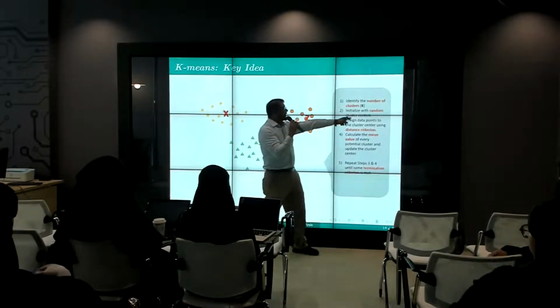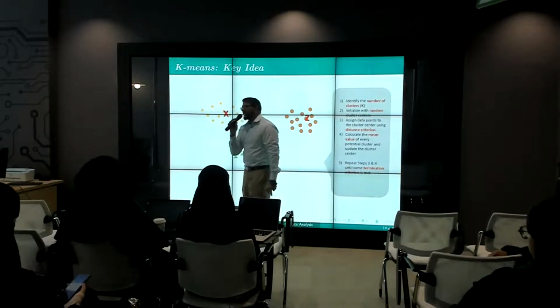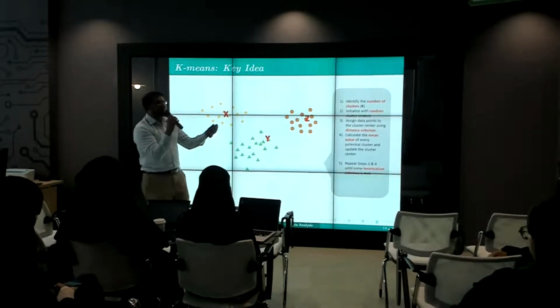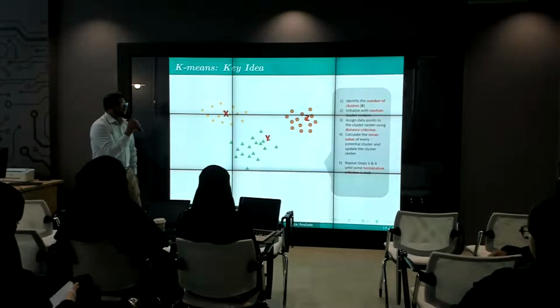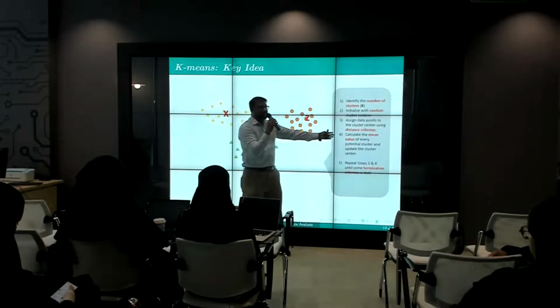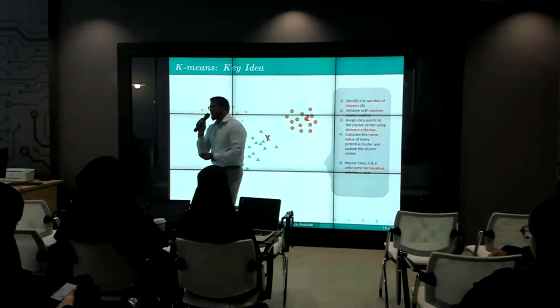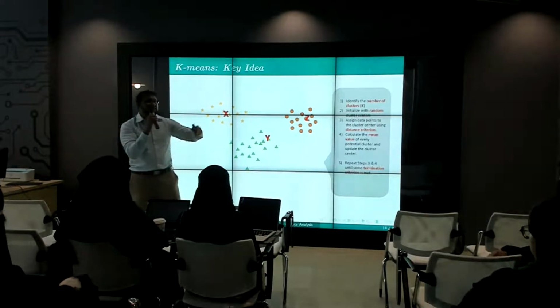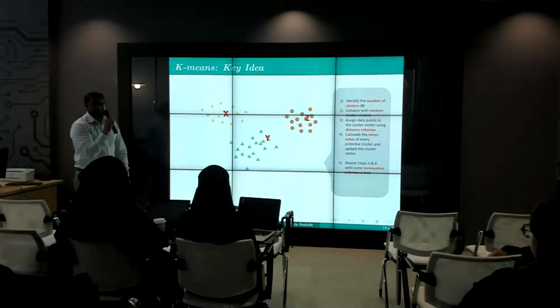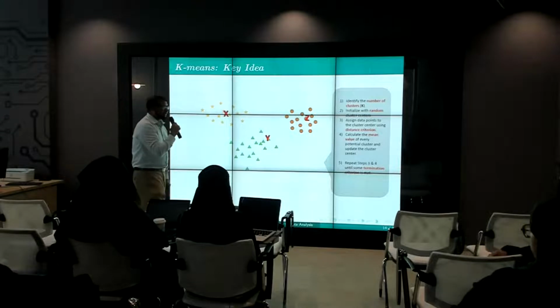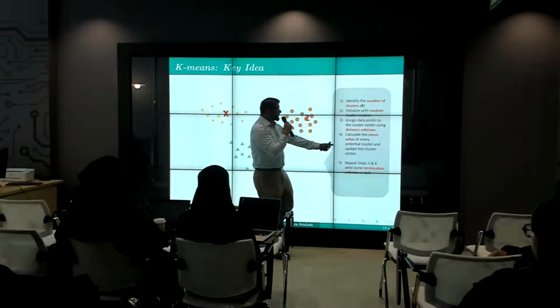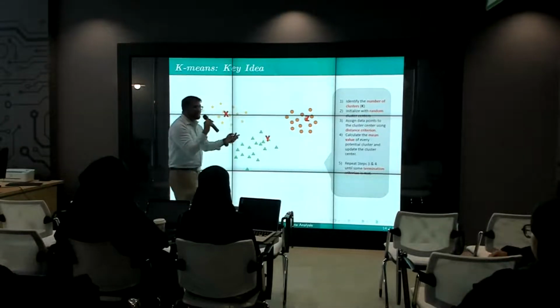Somebody can think about instead of initializing with random, can I come up with something better? And then you have k-means plus plus. Somebody can think about why to use Euclidean distance. You know Euclidean distance is not the best. If there is any noise or outlier, it will spoil everything. So you can come up with a different criteria. The mean value itself, instead of using the mean, you could use the median.